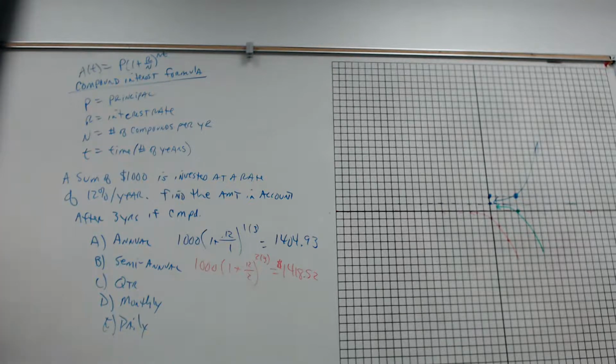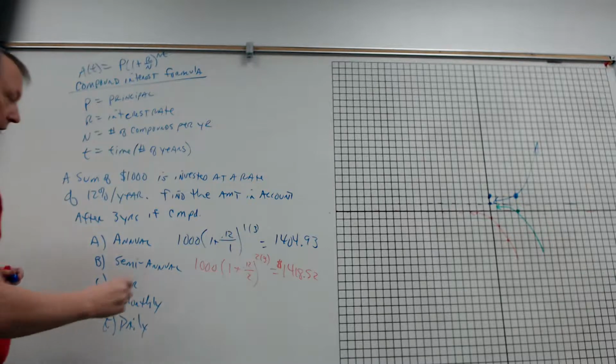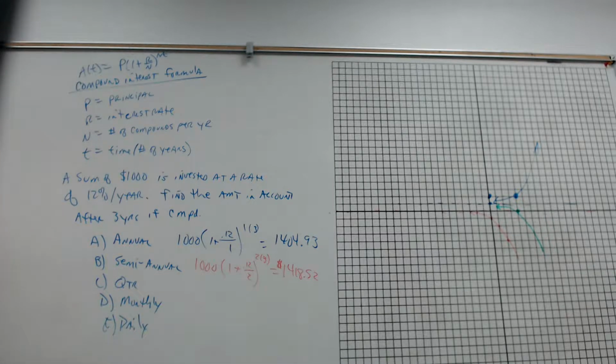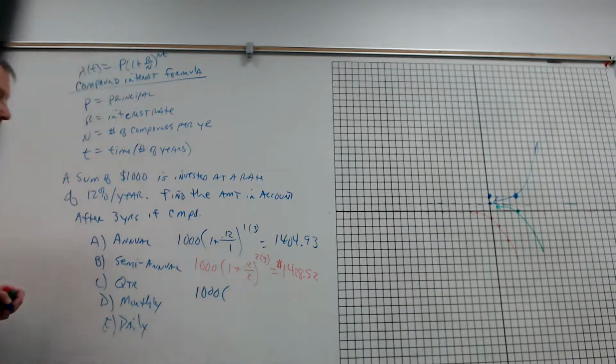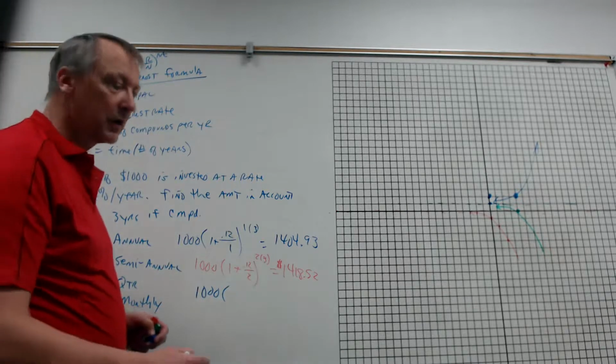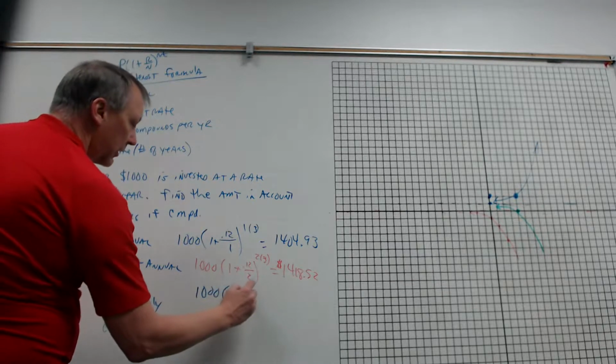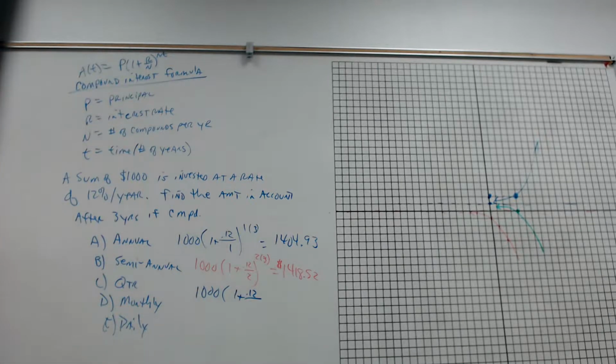How about if we do this quarterly? Chris, can you tell me what to write here? $1,000, 1 plus 0.12 divided by what? 4.